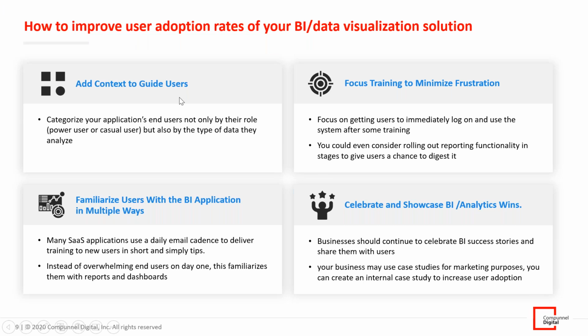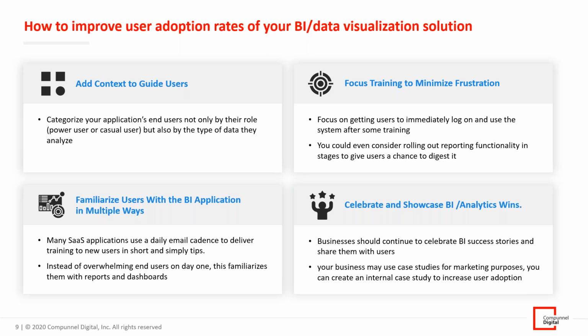And I listed certain things on how to improve user adoption. Add context to guide users. For example, categorize your application's end users not only by their role but also by the type of data they are dealing with. Most people treat every user as the same. That is the wrong approach. Every user is not the same; based on their role and the type of data they analyze, they are different.